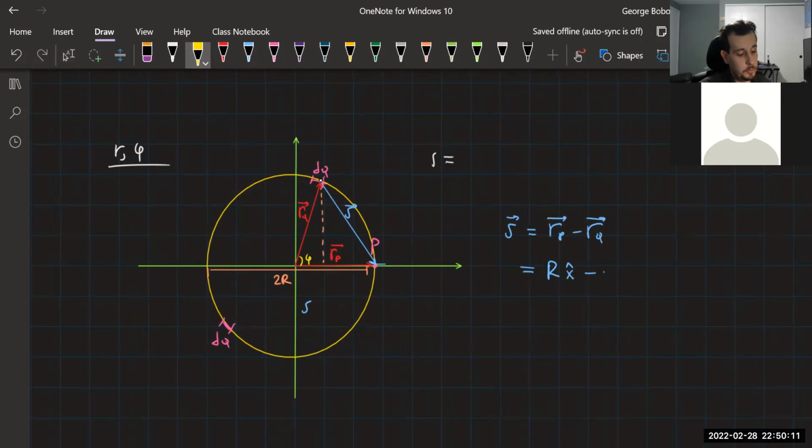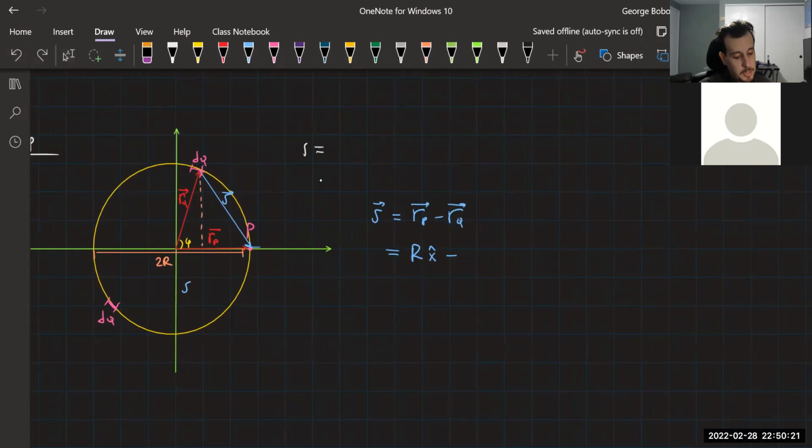You can use the phi angle to define them. It has two components, one going upstairs like this, and one going this way. I'd write it as R, because this is the radius again of the disk. R. Are we doing a ring or a disk again?